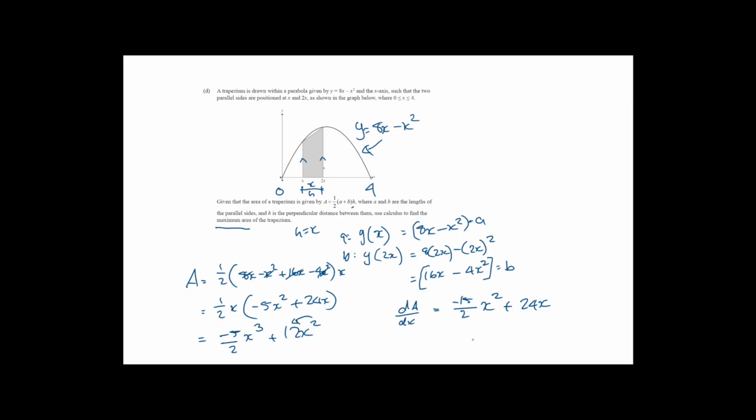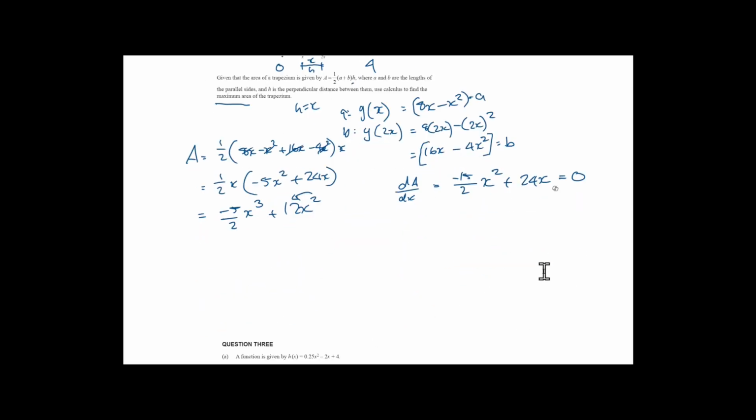Now we want to find the turning point, so we set that equal to 0. There are going to be two solutions here. One is probably going to be a maxima, and one almost definitely a minima. It's going on so long, it's actually interrupting the next question. So we set that equal to 0 and solve for x.